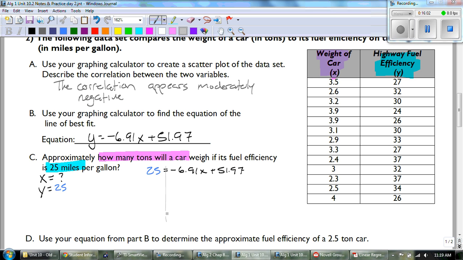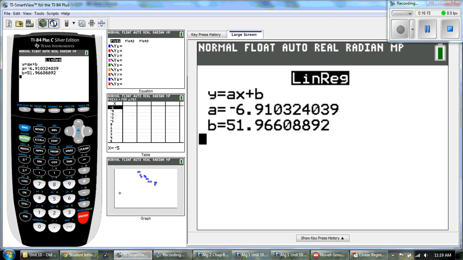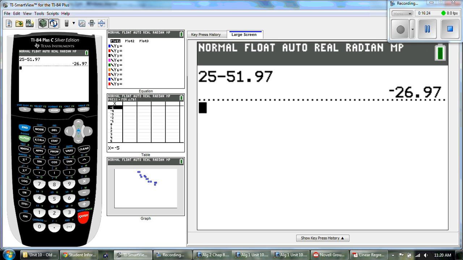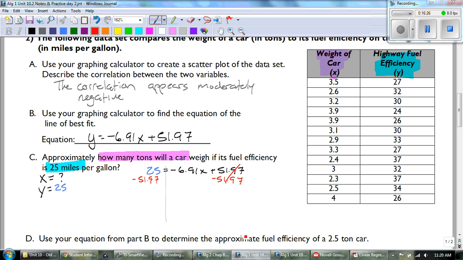So let's go ahead and solve this together. Reverse order of operations, I want to get rid of addition or subtraction first, so I'm subtracting 51.97 from both sides. I have 25 minus 51.97, and that equals negative 26.97.